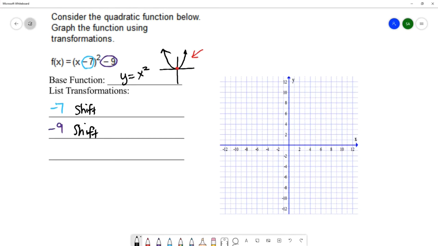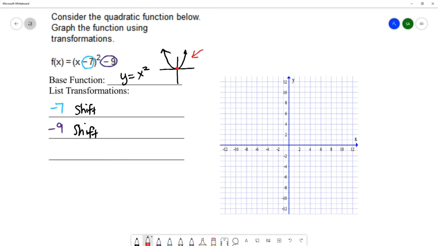Now there are two types of shifts. You can have a vertical shift, which means that you're shifting up or down, or a horizontal shift, meaning you're shifting left and right. And we can distinguish between those two types of shifts based on where the adding happens.